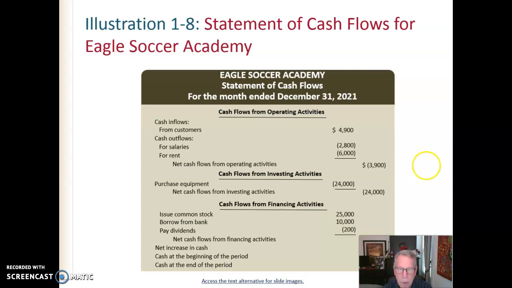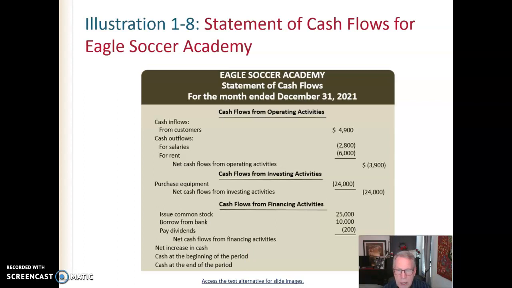So here we've purchased some equipment for investing activities, and here we've issued some common stock, borrowed some money from the bank, and paid some dividends. So what we do is we would have our net increase in cash. In this company, we started out with beginning cash of 0 because we started, as you recall, December 1st.